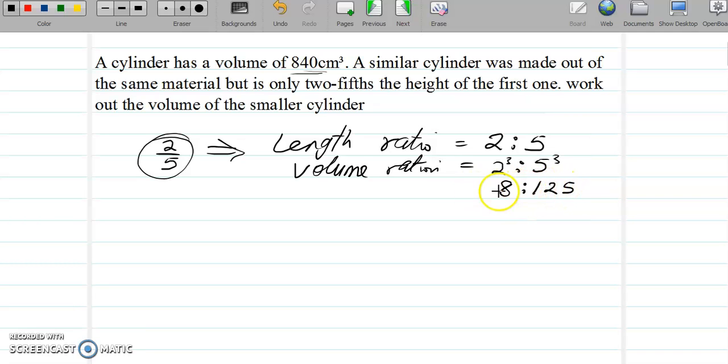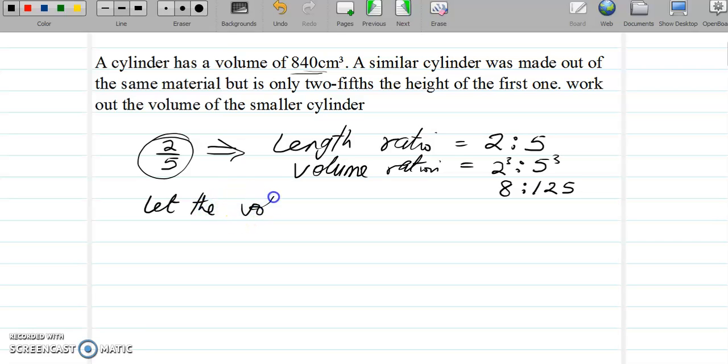Okay, now since we have obtained the volume ratio, we can go here and say that the cylinder has a volume of this, and we are looking for the volume of the smaller cylinder.